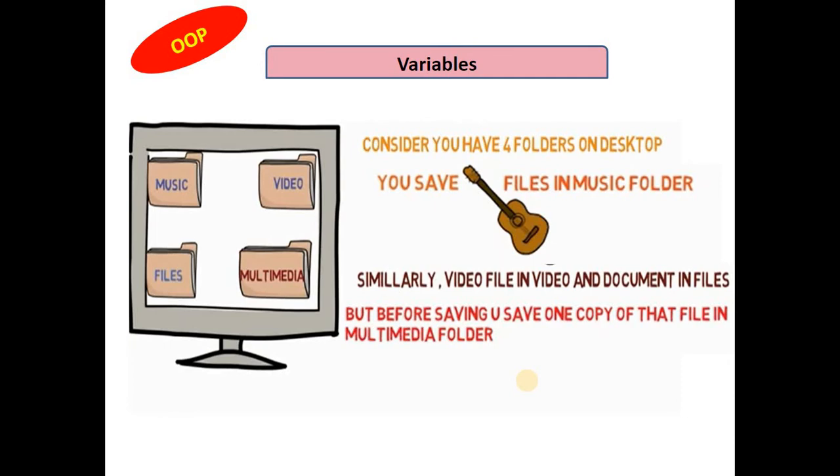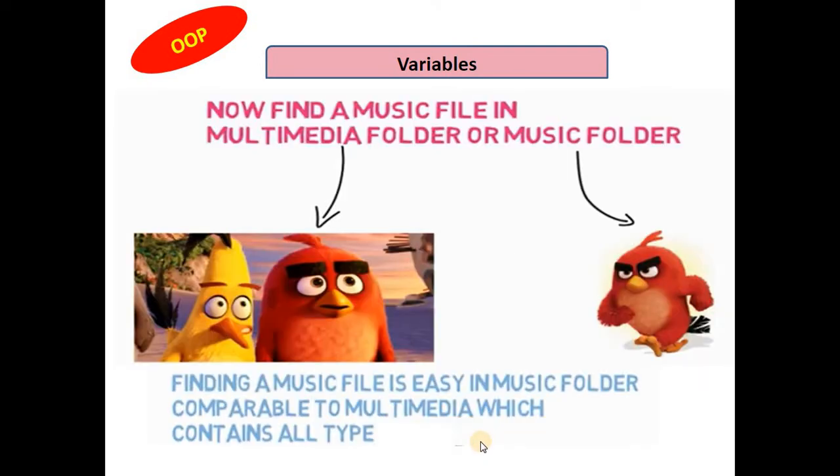So there are 4 different folders. The music folder will have all the music files, the video folder will have all the video files, the files folder will have all the documents, and one copy of all can be stored in multimedia. So it becomes very easy to designate. Now suppose you want to find a music file in the multimedia folder or the music folder.